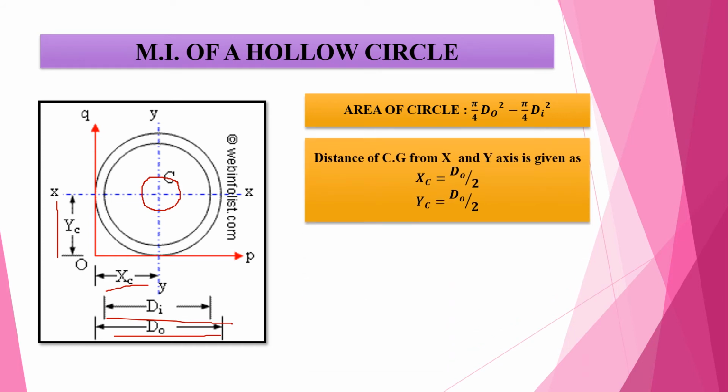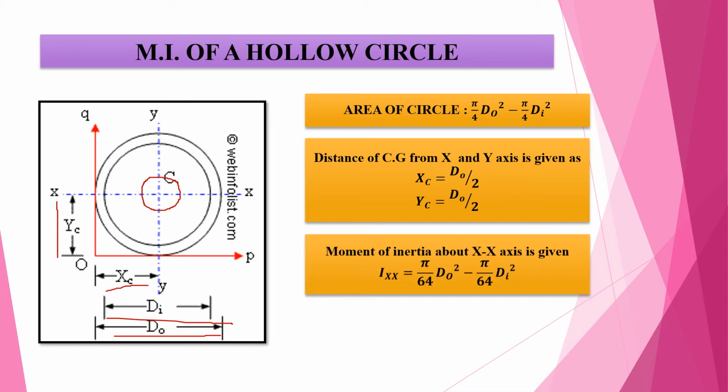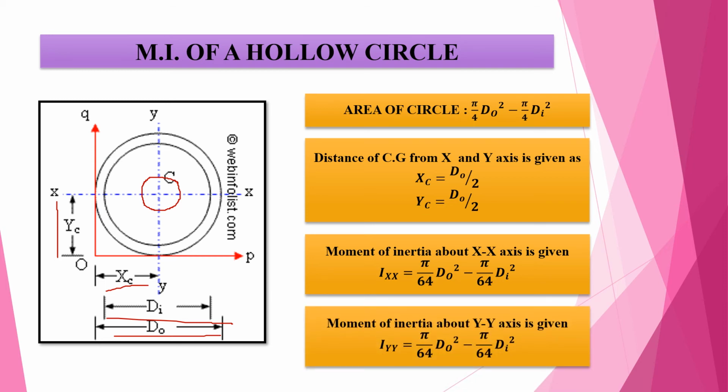The distance of the CG from the x and y axes is xc equals d0 by 2 and yc equals d0 by 2. Then the moment of inertia for a hollow circle about the x-x axis is Ixx equals pi by 64 d0 to the power 4 minus pi by 64 di to the power 4, and about the y-y axis Iyy is the same.